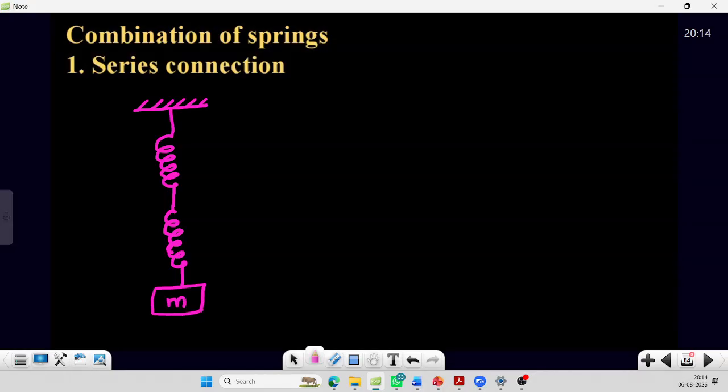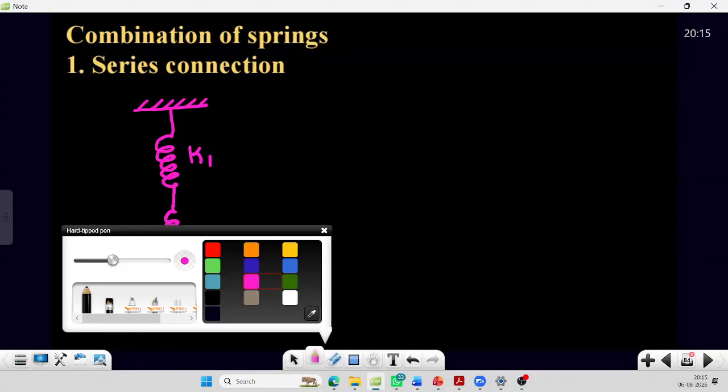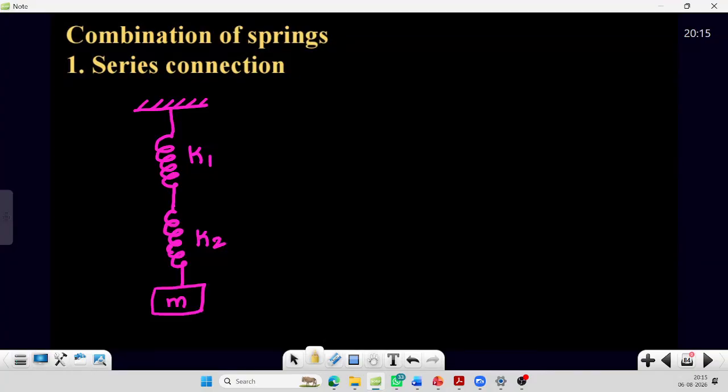Here, this is one spring having spring constant K1, and this is another spring having spring constant K2. This type of connection is called a series connection, meaning at the end of one spring the other is joined.